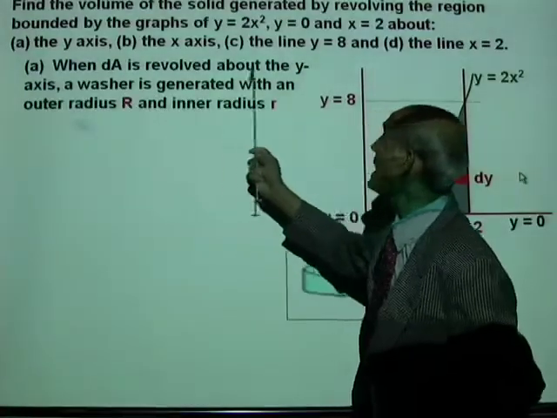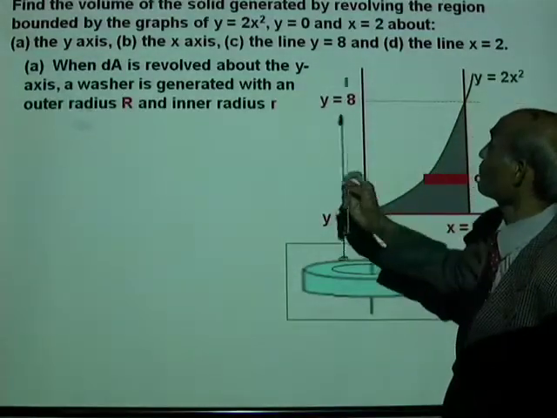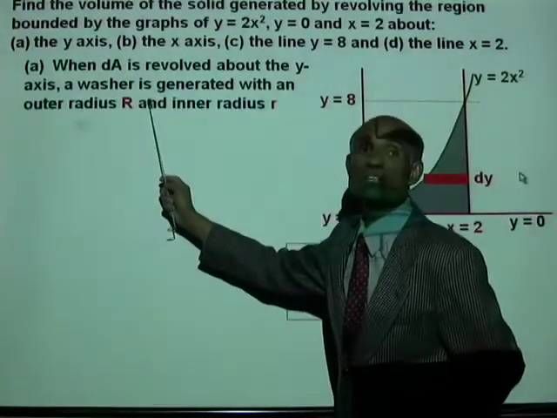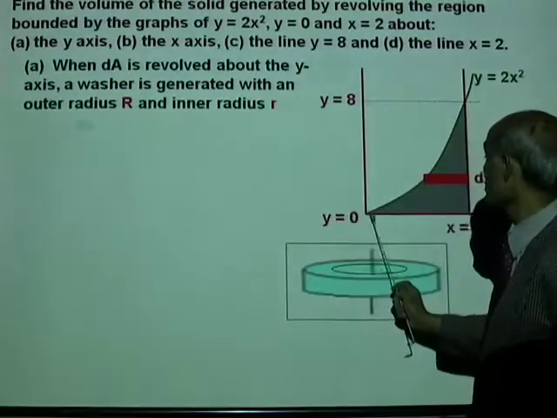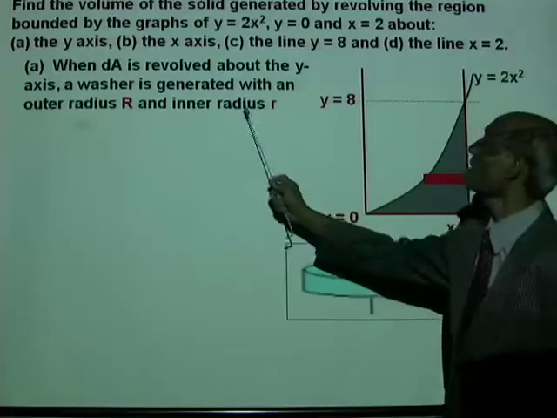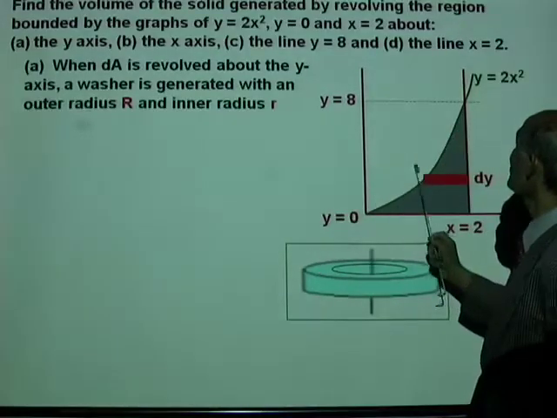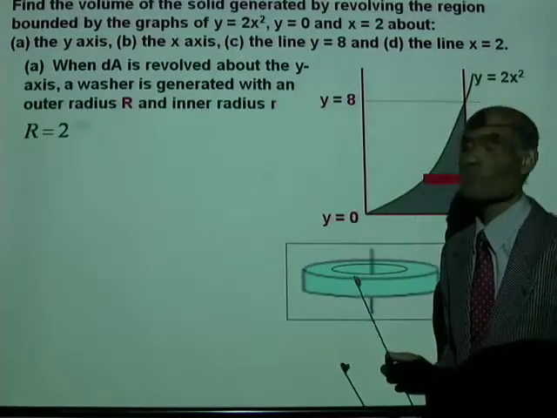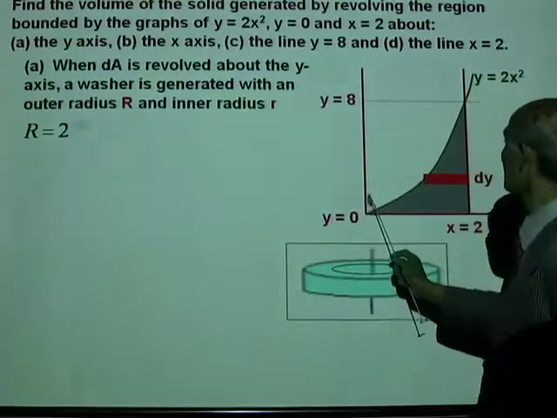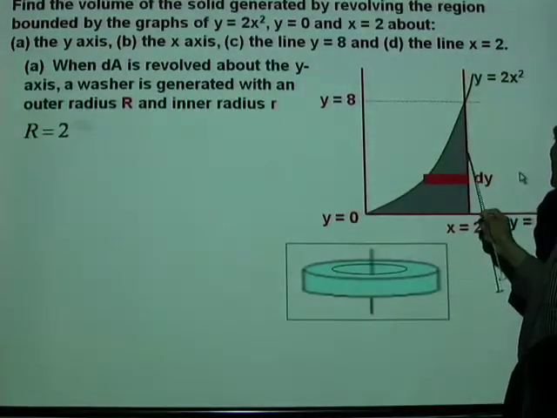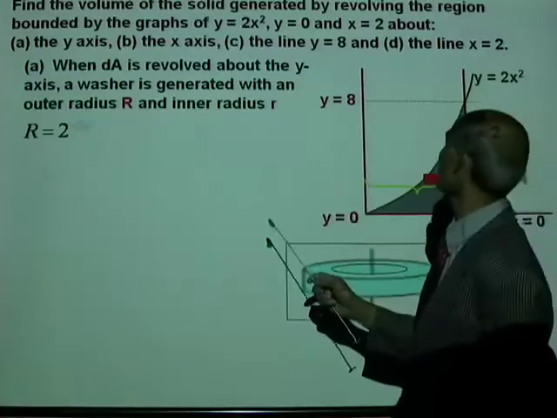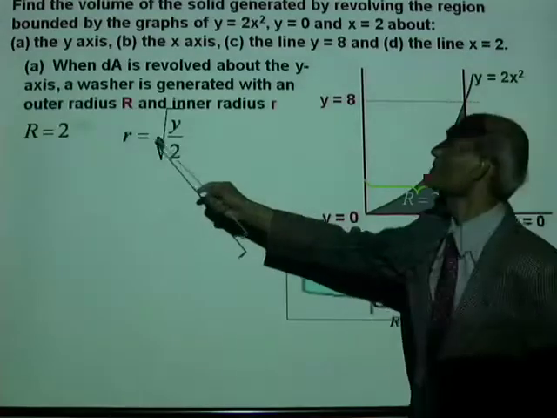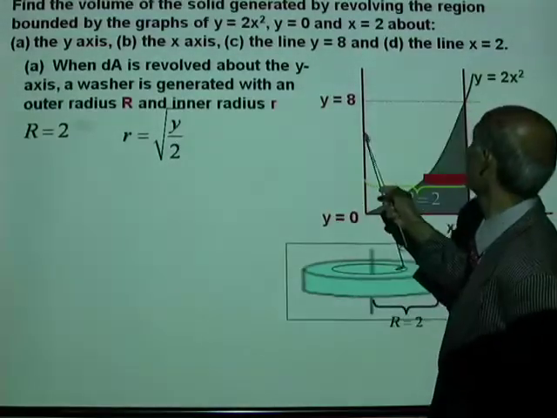Now, when dA is revolved about the y-axis, we generate this washer of outer radius big R, which is 2, and the inner radius small r, which is your f of y equal to square root of y over 2. So big R equal to 2, that is your outer radius, that distance. And the inner radius is square root of y over 2, this.